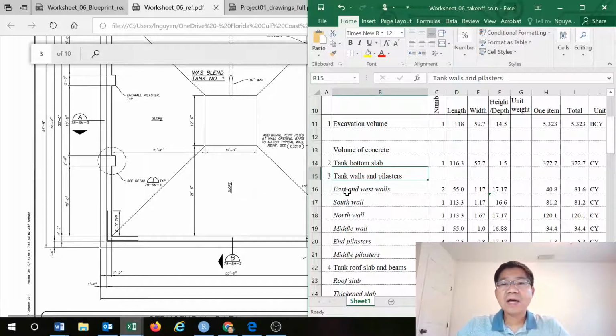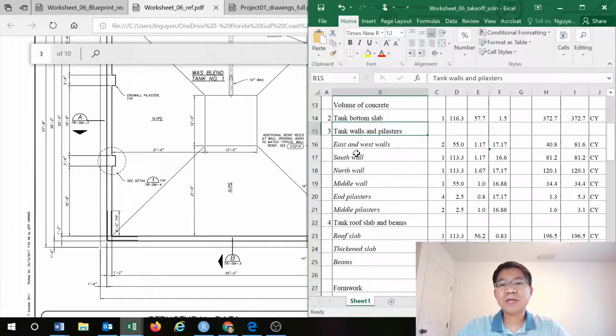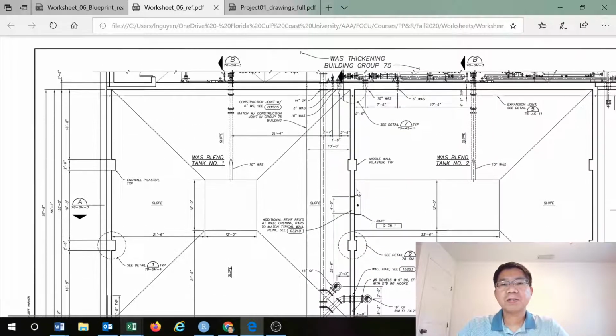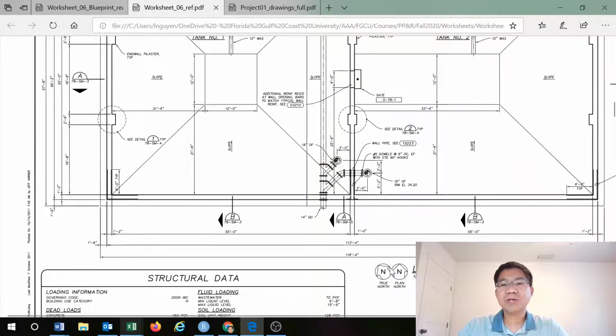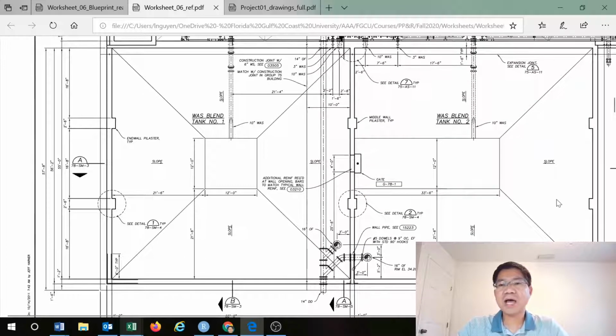The wall and pilaster is a little bit complicated. In this case, we have to divide into east and west wall, south wall, north, and middle. Let me go one item at a time. So east and west wall, what is that about in here? We need to show which is the north side of this. As you can see, the plan north and true north. So basically this is north, this is south, this is west, and this is east.